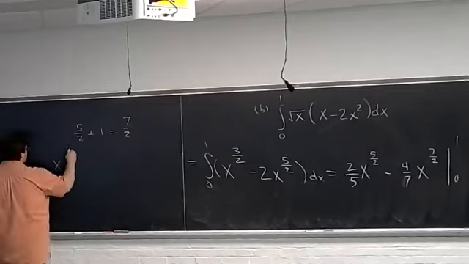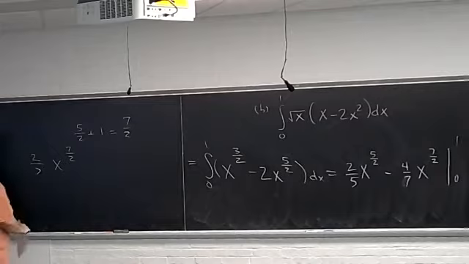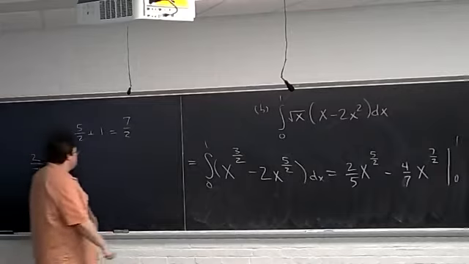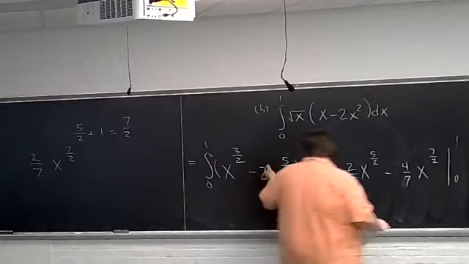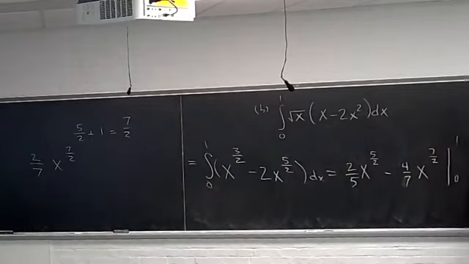So you get x to the 7/2 divided by 7/2, which is the same as multiplied by 2/7. But there's also this -2 in front. So throw a -2 over there, that becomes a -4/7. Any questions about finding an antiderivative?